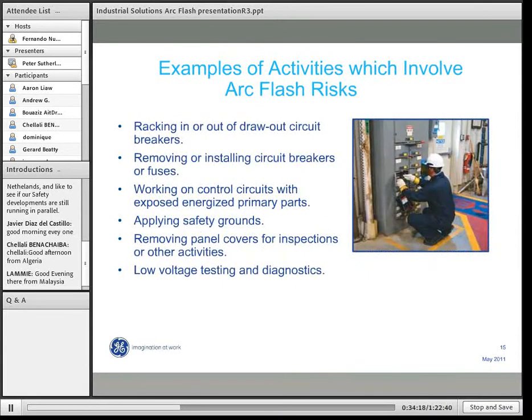Okay, activities which involve arc flash risks are racking in or drawing out of circuit breakers, and second of all, removing or installing circuit breakers or fuses. For example, if you're going to change a fuse, you should de-energize the circuit before you change the fuse.